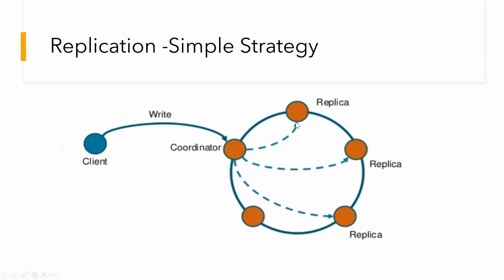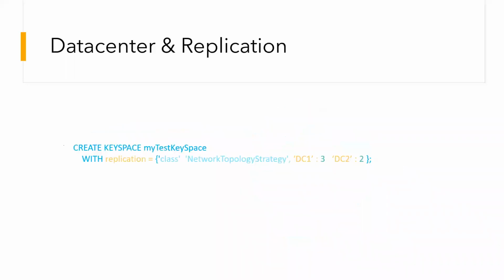The request goes to the first node, then clockwise to the next, and then it is written to the third node accordingly. That's a plain and simple strategy, with no other clauses appended to it. Whereas you have replication that can span across multiple data centers, or multiple racks.